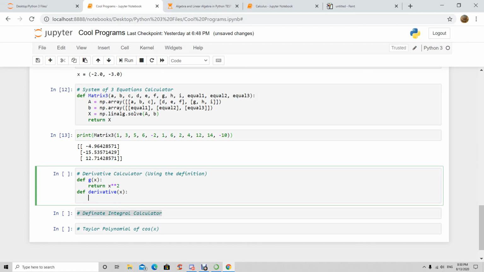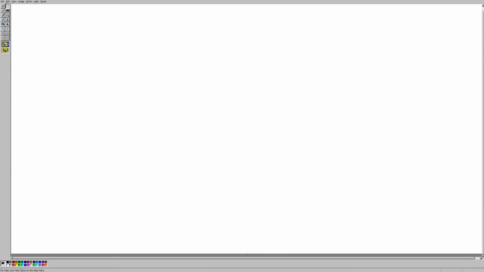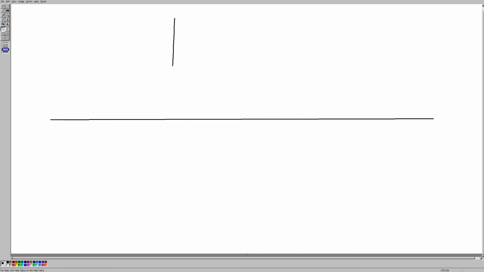So our h in this case is basically our, so we can go back to the JS Paint here, get rid of all of this. So essentially, let's look at the graph here. It's kind of hard to explain if we don't have a graph.